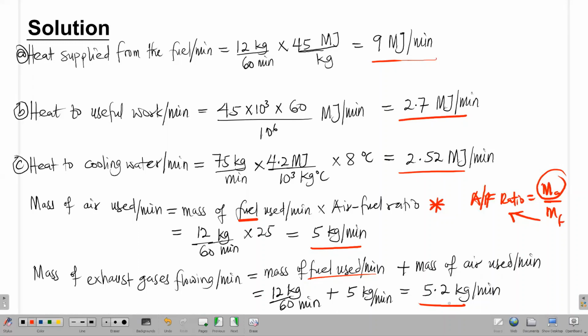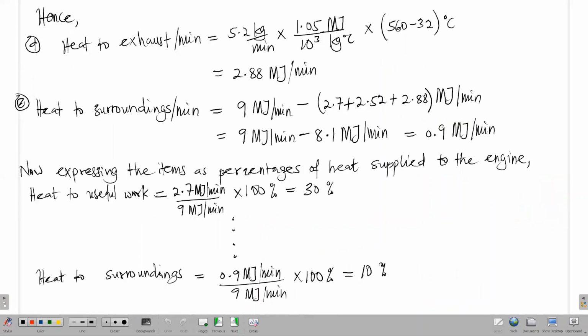Now, knowing the mass of exhaust gases, we can calculate the heat energy to exhaust per minute by multiplying the mass flow rate of the exhaust gas times the specific heat capacity of the exhaust gas times the temperature rise.